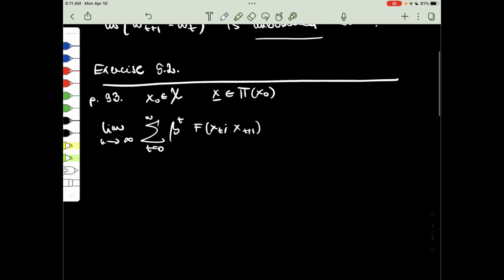So how to do this? Let's try to have a transition equation.